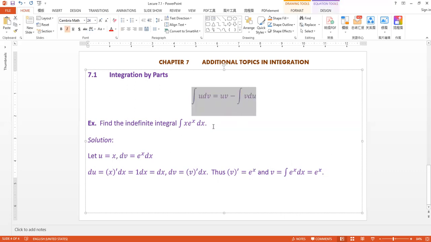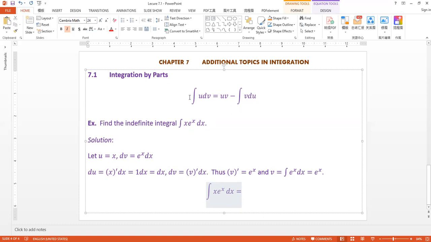The original problem, the integral of x times e to the x, can be rewritten as u dv, if we define u to be x and dv to be e to the x dx.